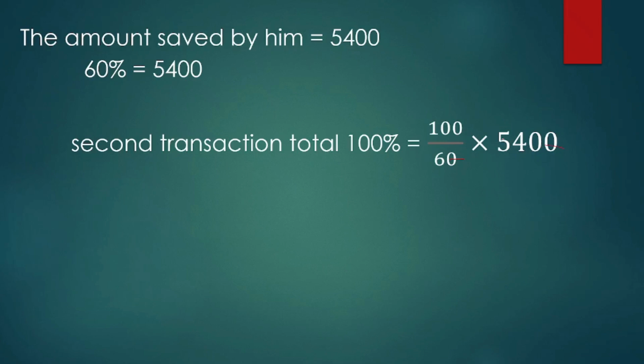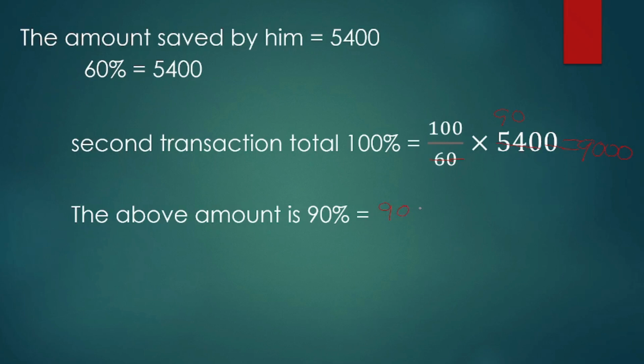The zeros get cancelled. 6 ones are 6, 6 nines are 54, 0 for 0. 90 into 100 is 9000. So after he spent on household and house rent, he remains with 9000. This means that 90%, the remaining amount after the first transaction, is 9000.